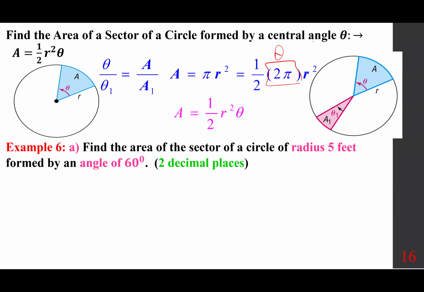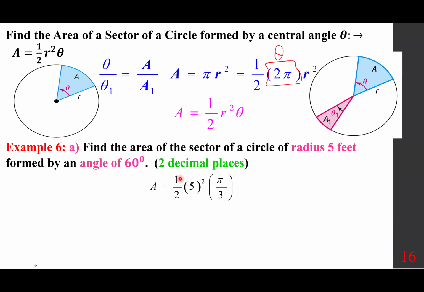So having said that, find the area of a sector of a circle of radius 5 feet formed by an angle of 60 degrees, and they're asking for a couple of decimals. So what you do, you write down area is 1/2 r squared theta. You replace the r with 5 feet and theta with 60 degrees. As you know, it's pi over 3.